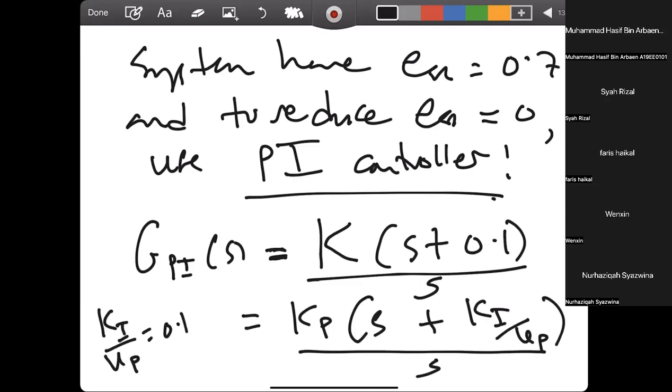If you want to suggest 0.01, also can. 0.5 also can. Any small number that is near to the origin. Okay?